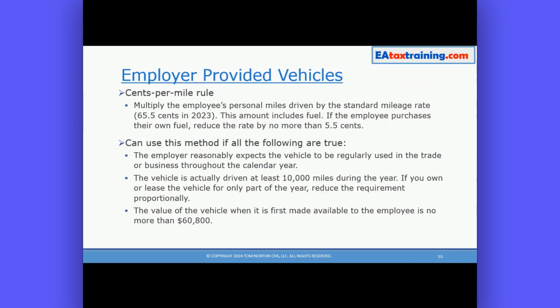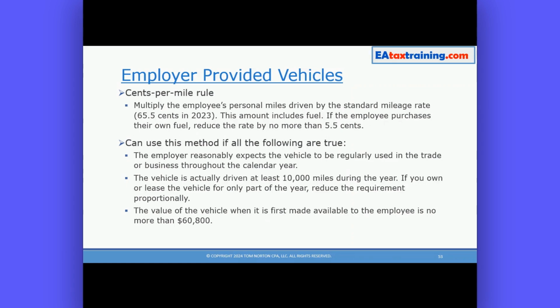You can use this method, the cents per mile rule, if all of the following are true. First, the employer reasonably expects the vehicle to be regularly used in the trade or business throughout the calendar year. Second, the vehicle is actually driven for at least 10,000 miles during the year in total. If you own or lease the vehicle for only part of the year, then you reduce the requirement proportionally.